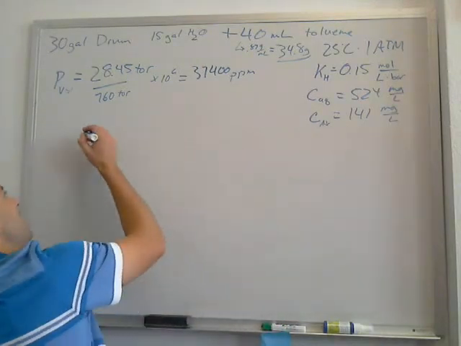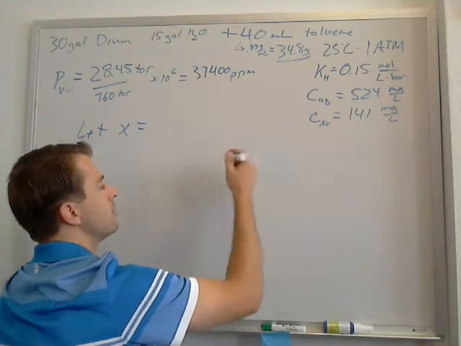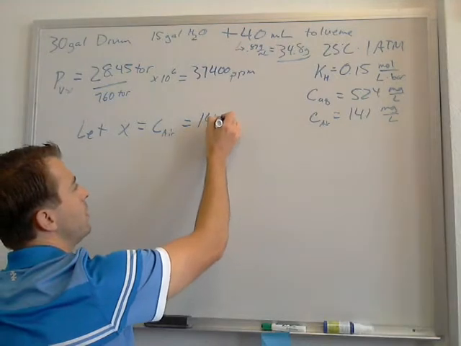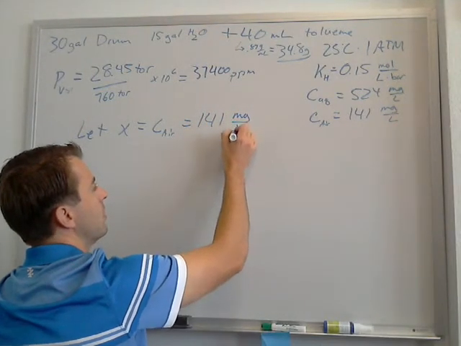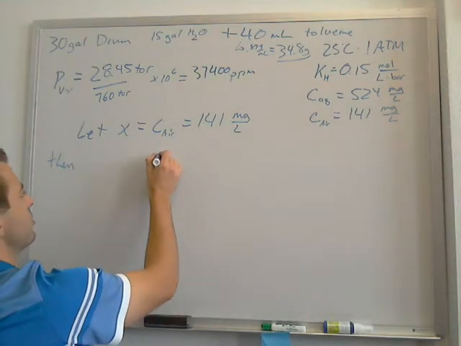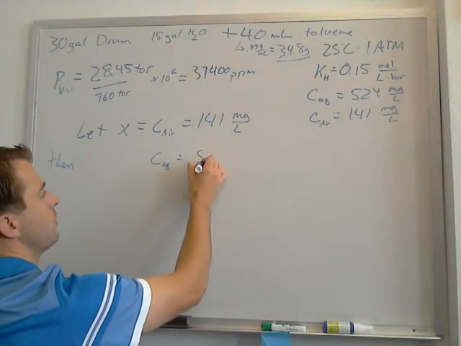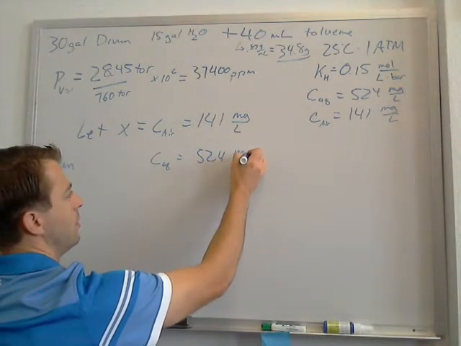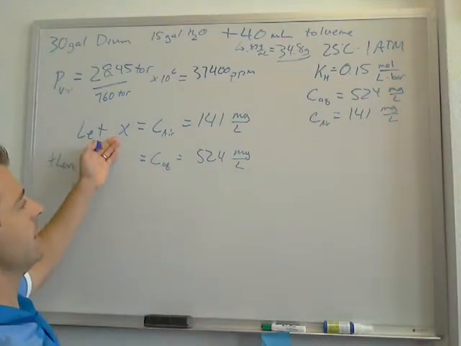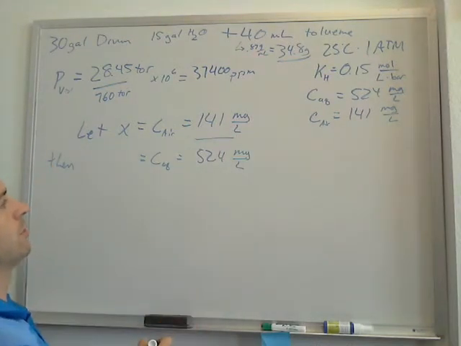So if we let X equal the concentration in the air, which we know equals 141 milligrams per liter, then the concentration in the aqueous phase, which is equal to 524 milligrams per liter, equals some multiple of x. And the multiple of x is 141 over 524.